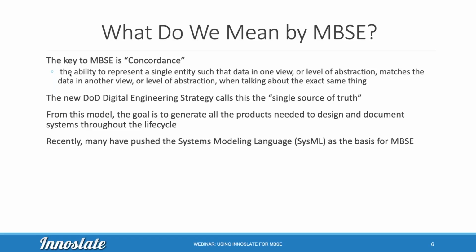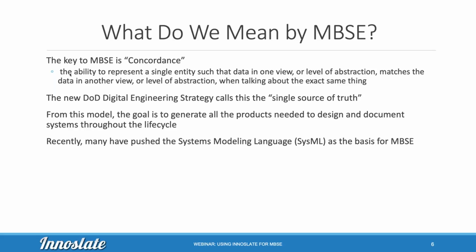It's the ability to represent a single entity such that data in one view or level of abstraction matches data in another view or level of abstraction when talking about exactly the same thing. In other words, you might think of it as configuration management for your modeling. That's perhaps another way to think about the whole thing.